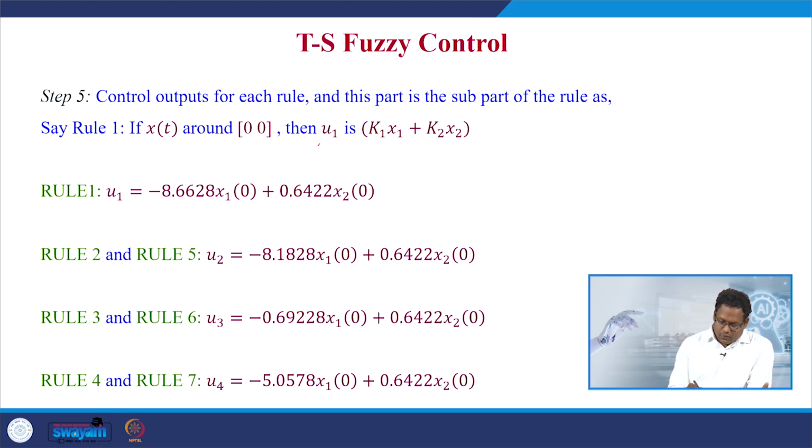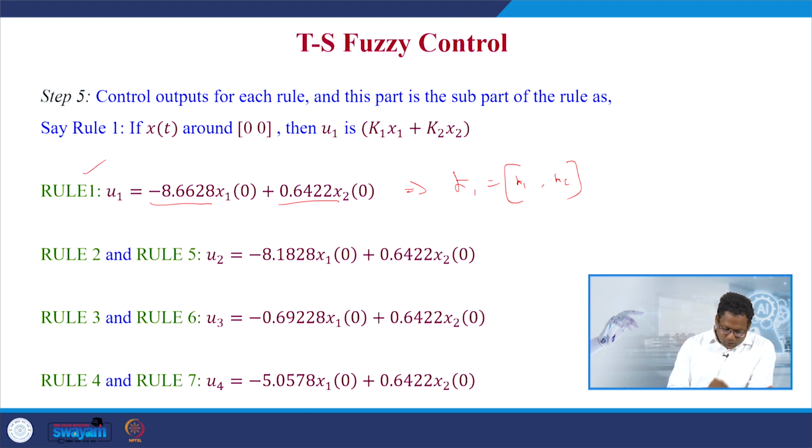So, I have taken u1 as the k vector multiplied by x, where x is x1 and x2. For rule 1, u1 is k1, k2, multiplied by minus 8.6628 x1 of 0 plus 0.6422 multiplied by x2 of 0.